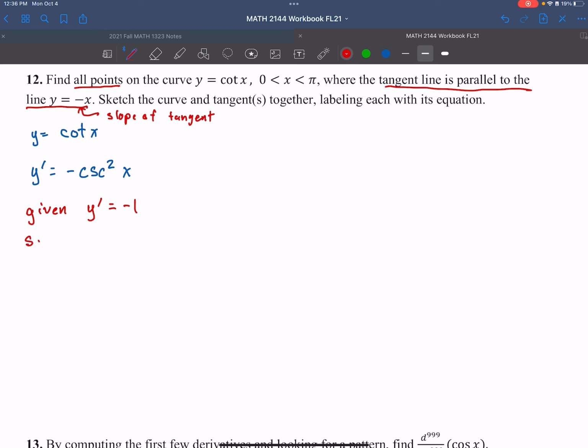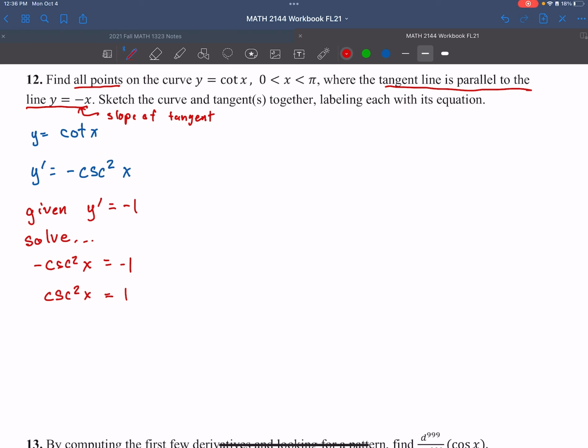So what that means I need to do is solve minus cosecant squared of x equal to minus 1. Okay, so cosecant squared of x is equal to 1 if I multiply both sides by the negative.